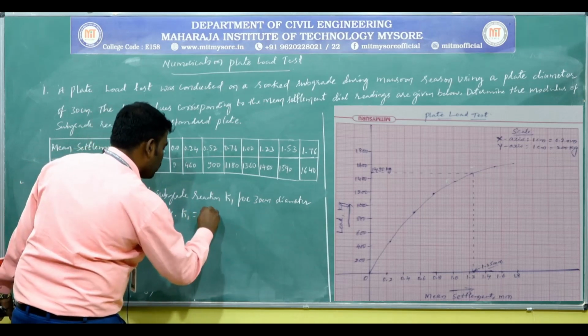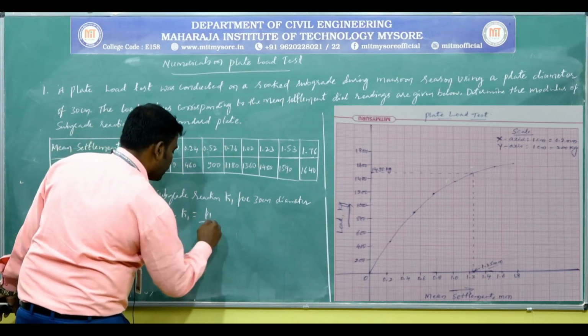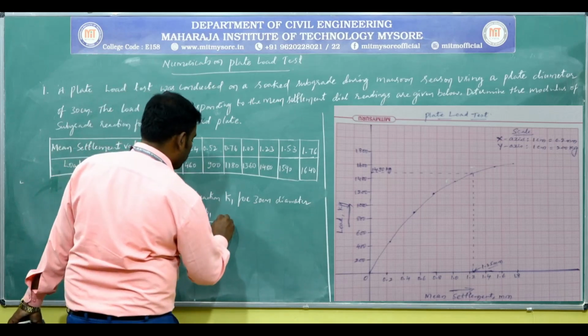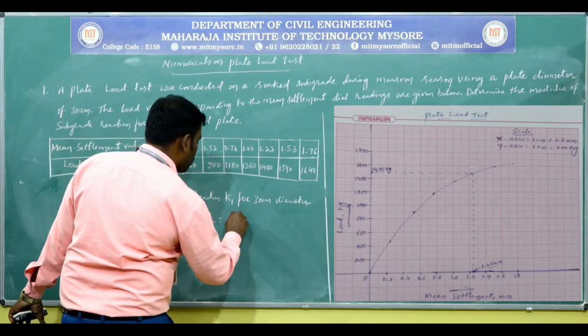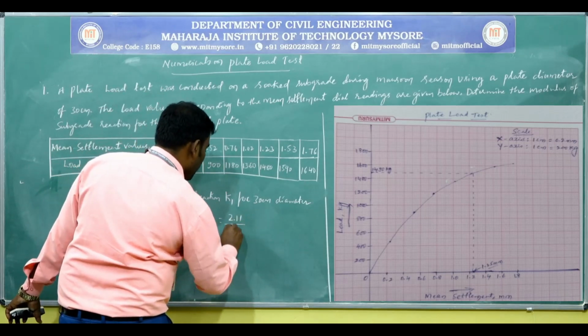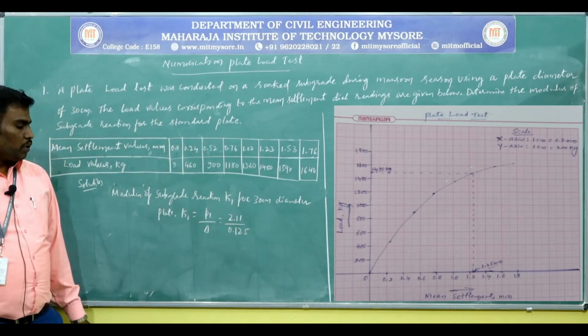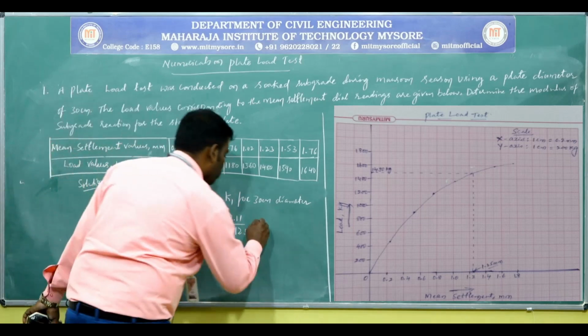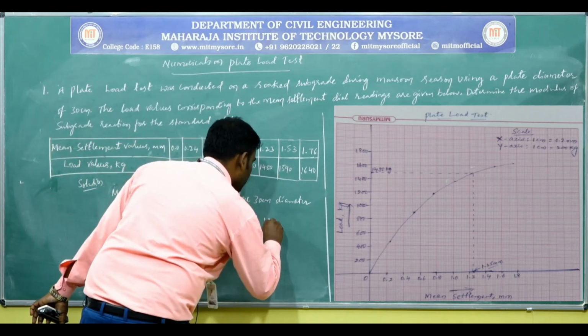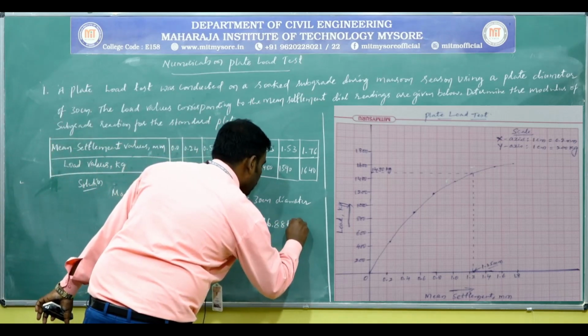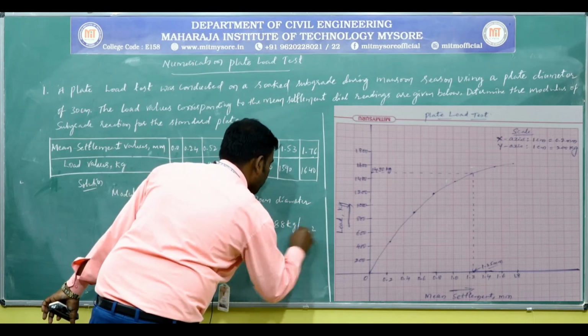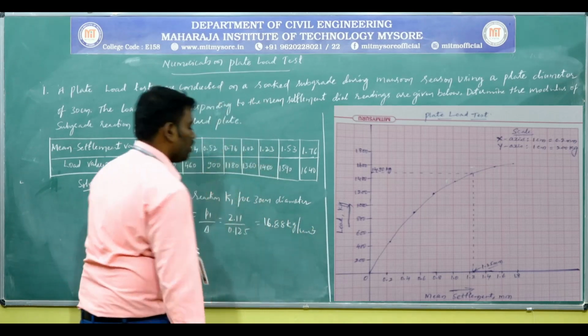K1 is equal to what? P1 by delta. Okay, delta is 0.125 centimeter. Now P1 is 2.11 divided by 0.125. You may get about 16.88 kg per centimeter cube.